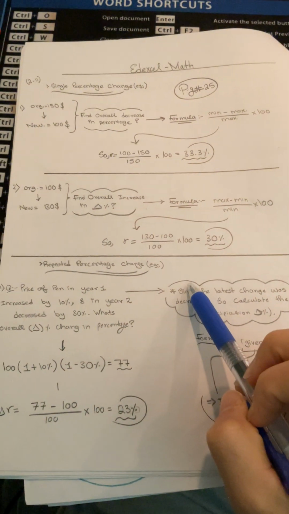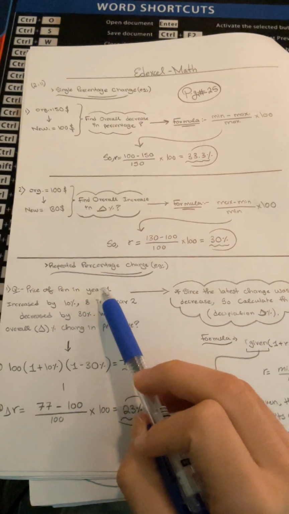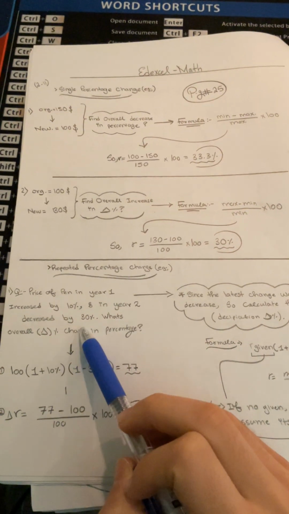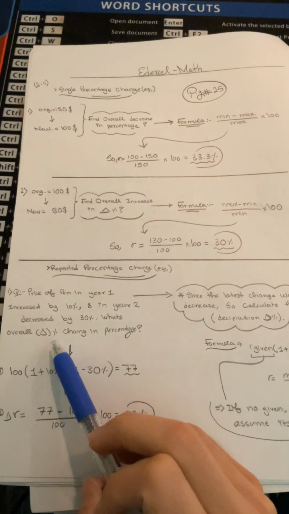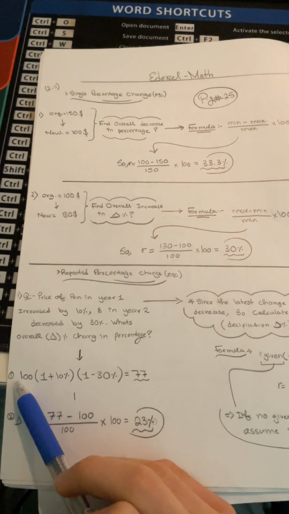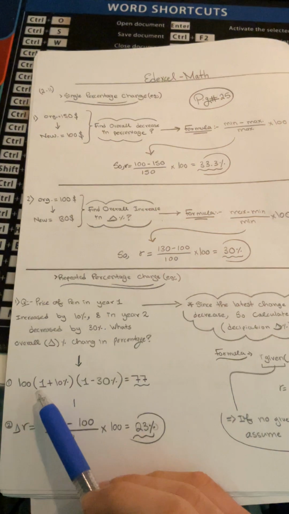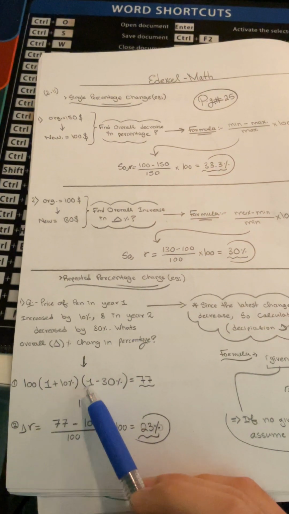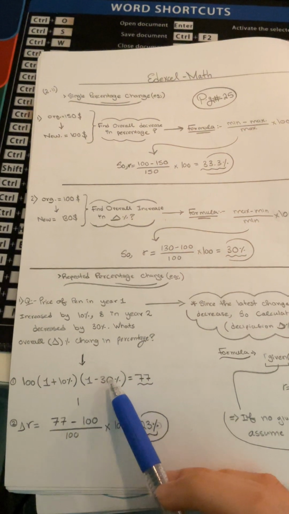Repeated percentage change example. The price of a pen in year 1 was increased by 10%, and in year 2 it was decreased by 30%. What is the overall percentage change? If the price is not given, let's assume it's 100. Over the first year it was increased by 10%, and the second year it was decreased by 30%.